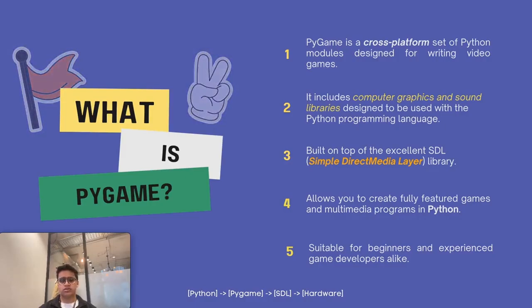And SDL is also cross-platform compatible, which means it allows you to create games which can work on different platforms at the same time. It's quite flexible. The architecture allows developers to use high-level Python abstracted constructs while still being able to access the efficient low-level operations required to create and run those games.